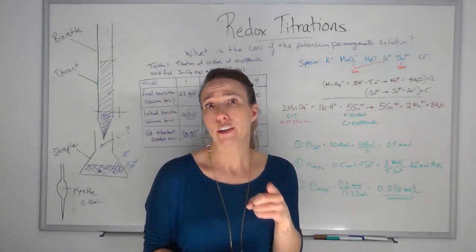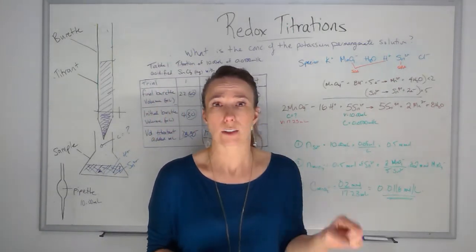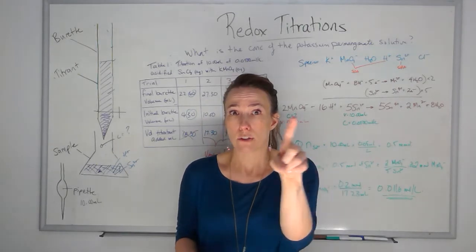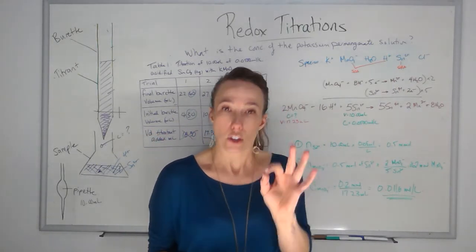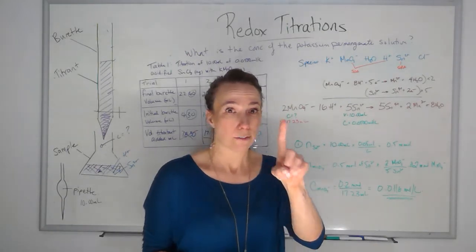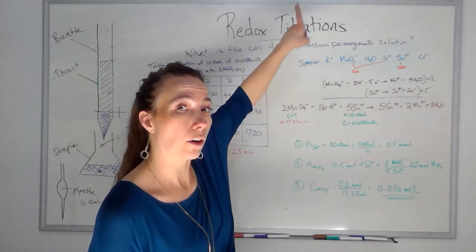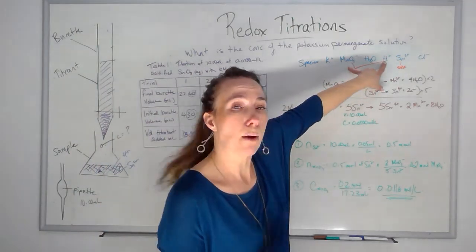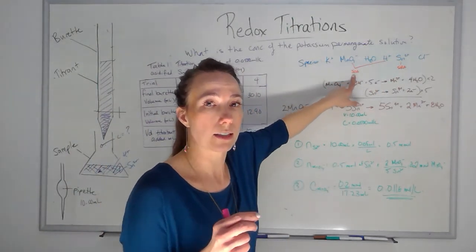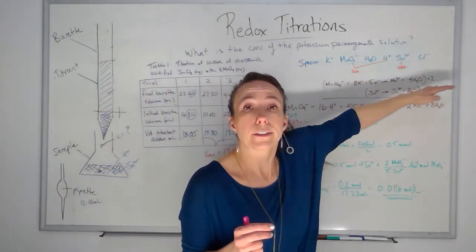If you don't use your finger, you will lose your place. It's like little grade 1ers reading, and if they don't use their finger to keep their place in line, then they jump all over that text. You'll make the same mistake. So take your finger and put it on the top left-hand corner and try to find your strongest oxidizing agent. And you'll find that permanganate is your strongest oxidizing agent. So you write it down.